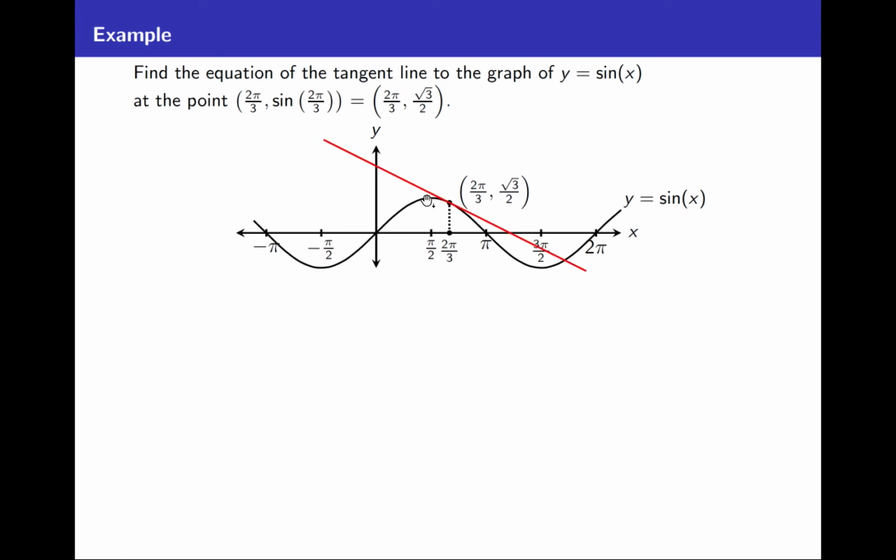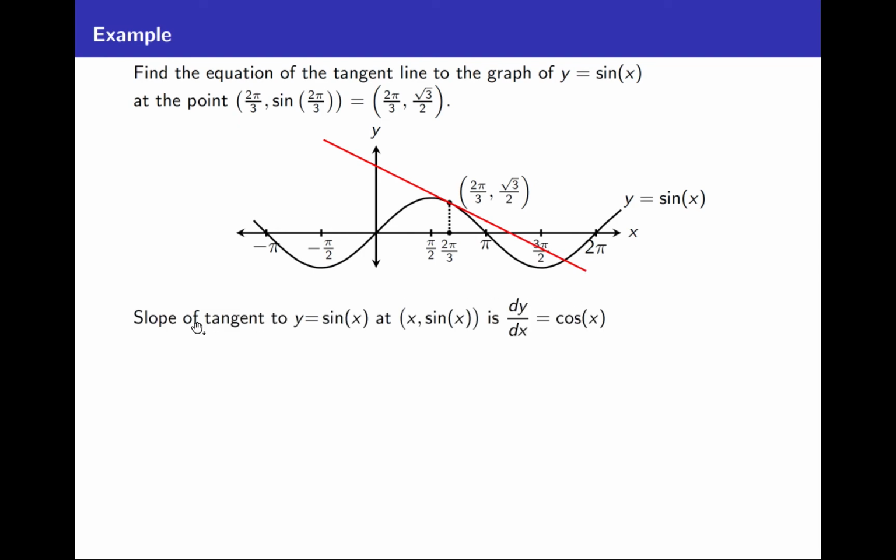Sketching in that tangent line in red, it looks something like this. So we are looking for the equation for that tangent line, not just its slope, but its equation, y equals mx plus b. We have a point on the tangent line, so that's good. In order to find the equation y equals mx plus b for this tangent line, we need its slope m.